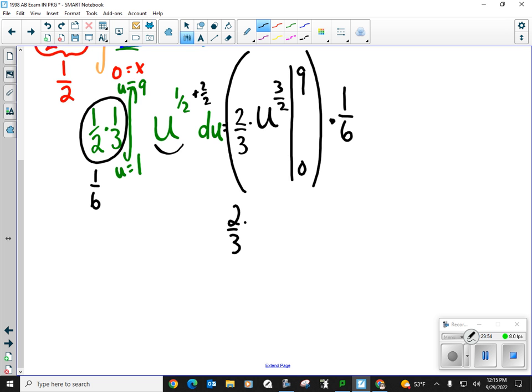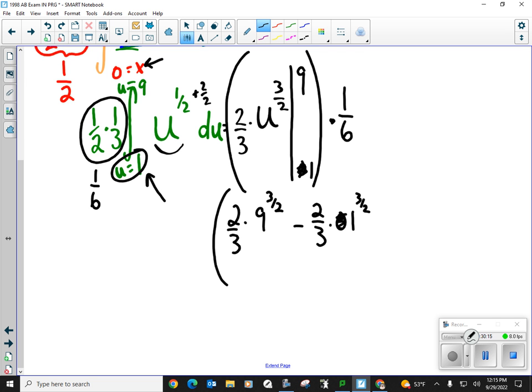So 2/3 times 9 to the 3/2 minus 2/3 times, that should be a 1. I almost went with this bound. It's this one. 1 to the 3/2. Take this and multiply it times 1/6.